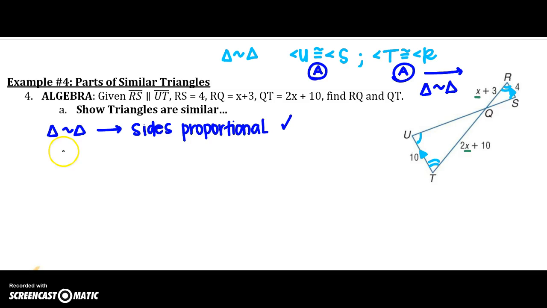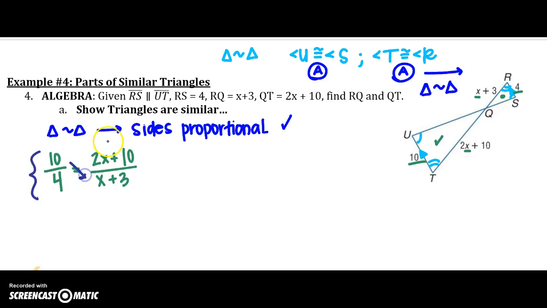So I'm going to start my proportion out 10 over 4, starting out with sides that have the same value. So I'm going to go big triangle over small triangle equals big triangle 2x plus 10 over small triangle x plus 3. Make sure that you're staying consistent with your proportion.